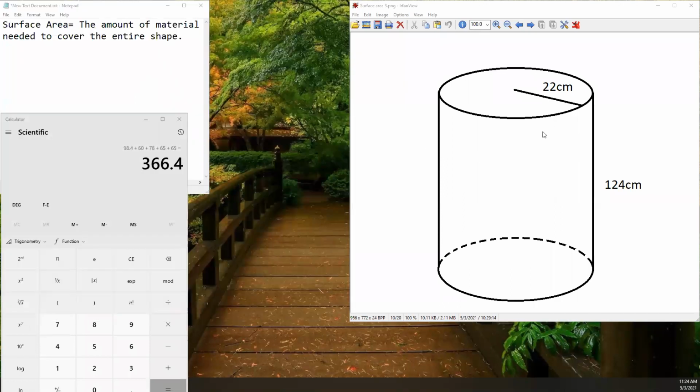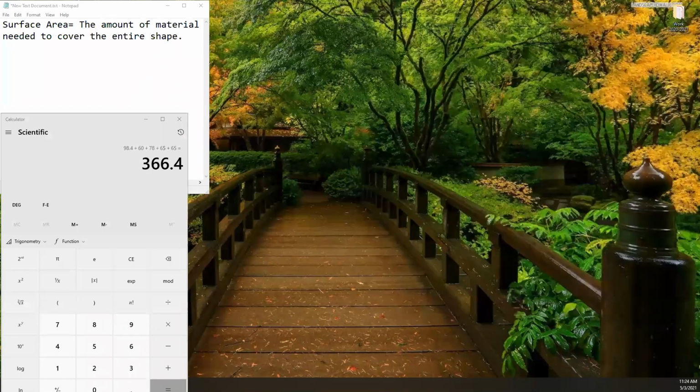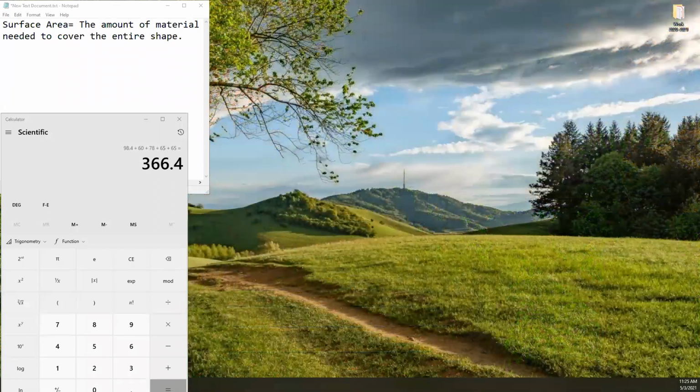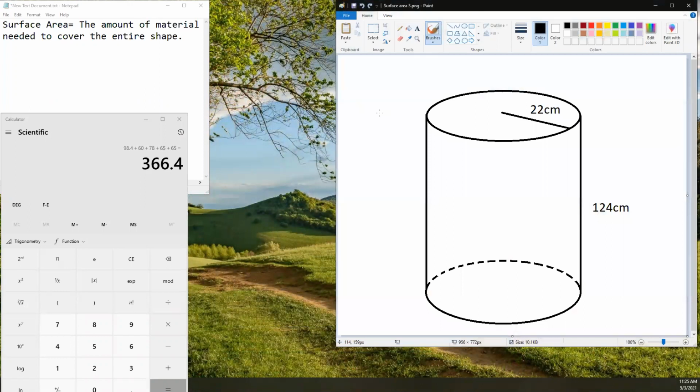The problem with the cylinder, though, is it does not follow that at all, because a cylinder is weird. It actually breaks apart in an interesting way: into a rectangle with 2 circles.